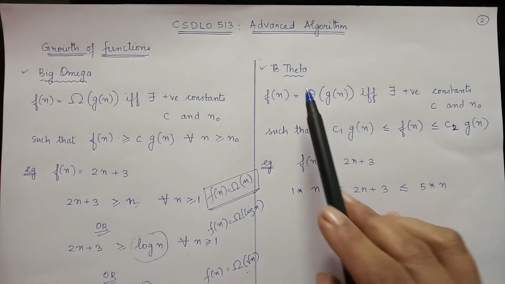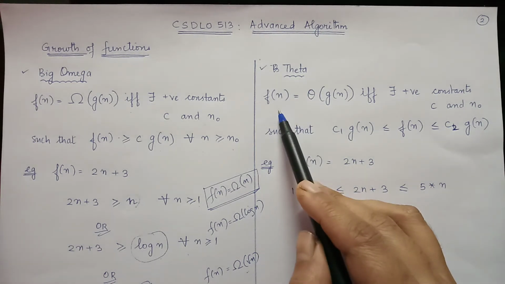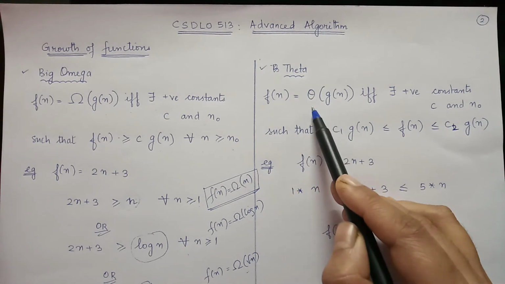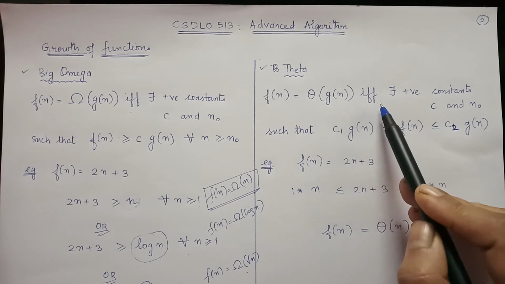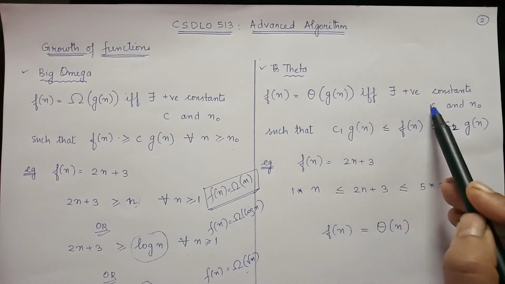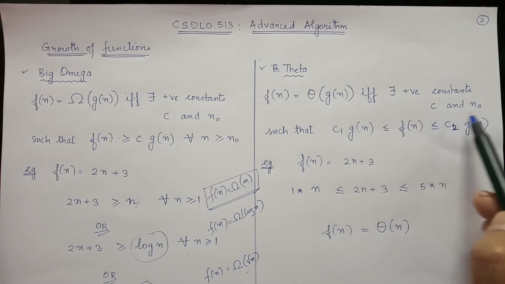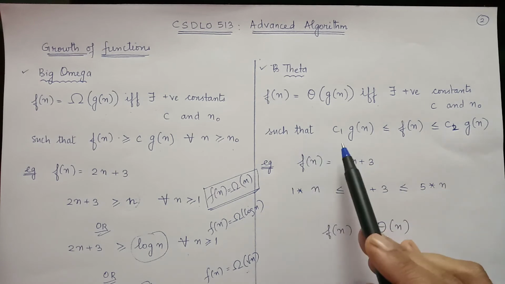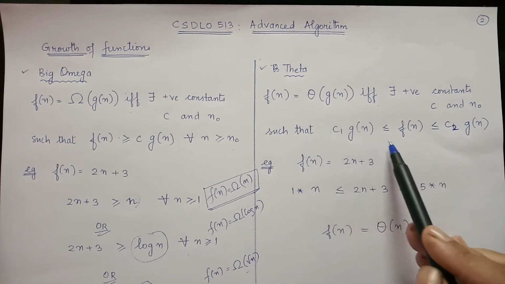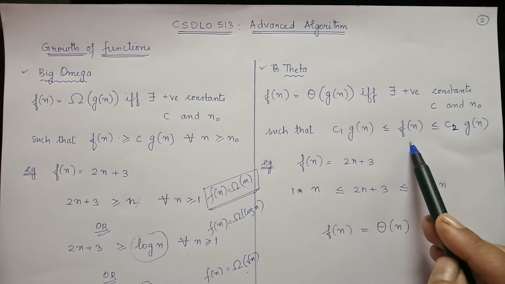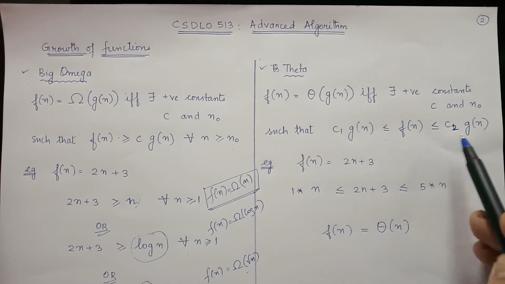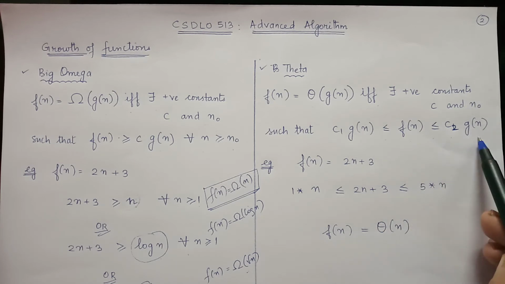Now coming to theta notation, f of n is said to be theta of g of n if and only if there exist positive constants c and n naught such that c1 times g of n is less than or equal to f of n, which is less than or equal to c2 times g of n.